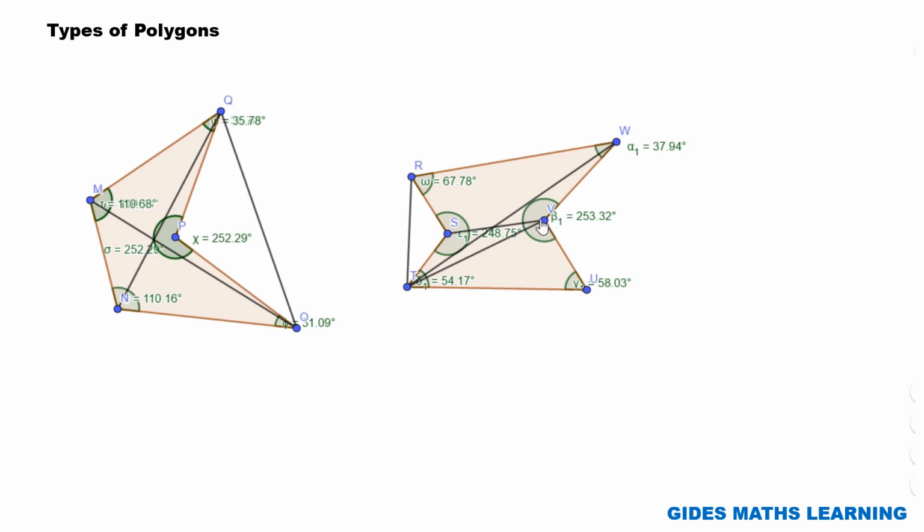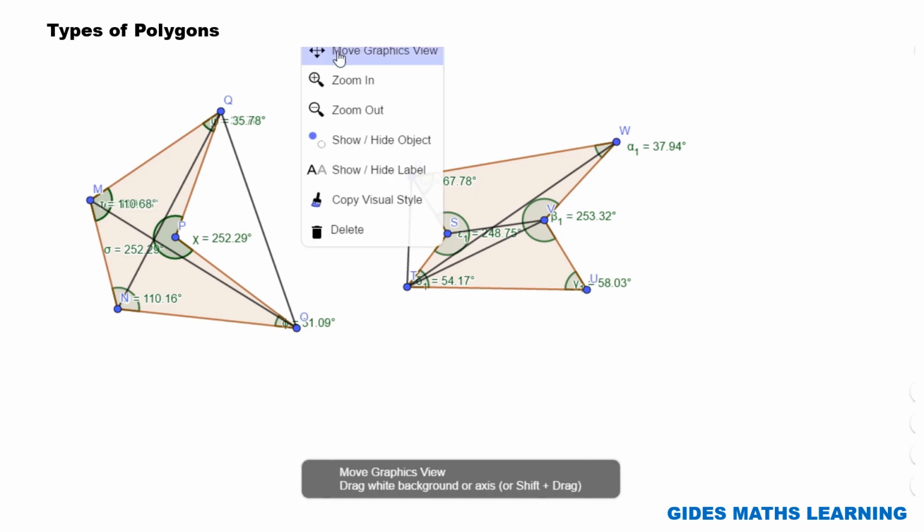Now let's look at the properties of regular and irregular polygons.